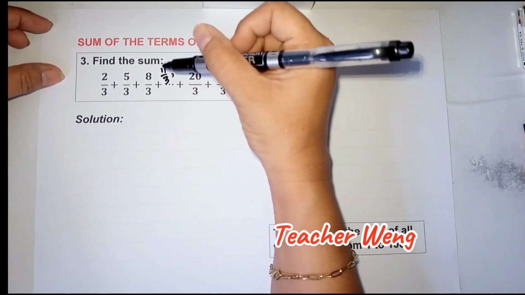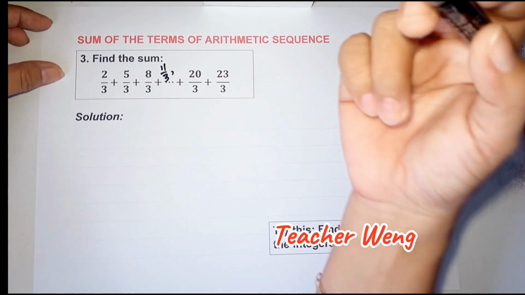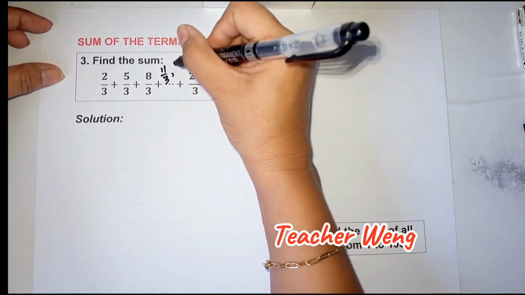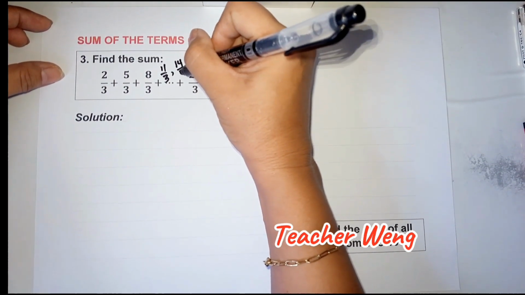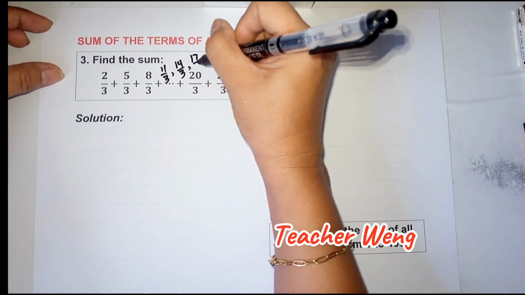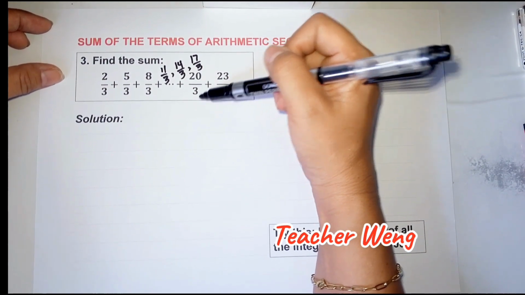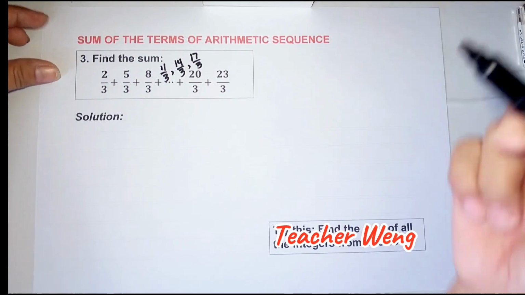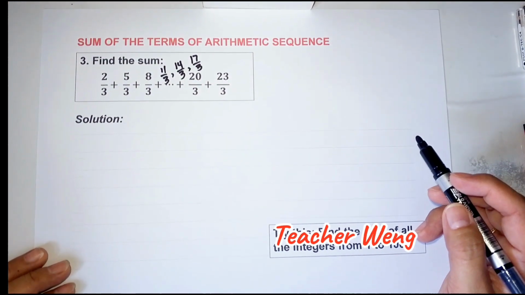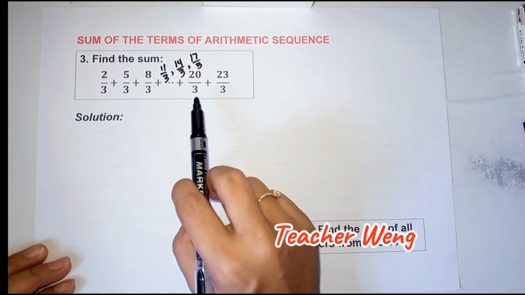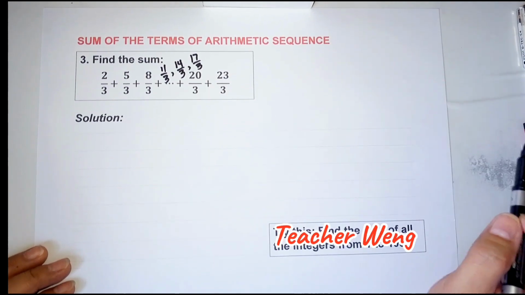We are adding 3 to the numerator. As you can see, we have 14 over 3, then 17 over 3, then 20 over 3, then 23 over 3. We can do that because the numbers here are kind of small.